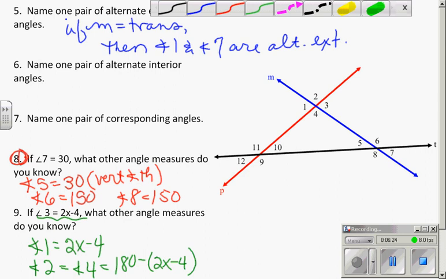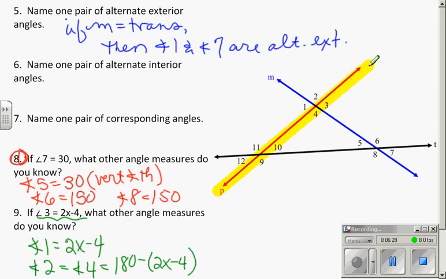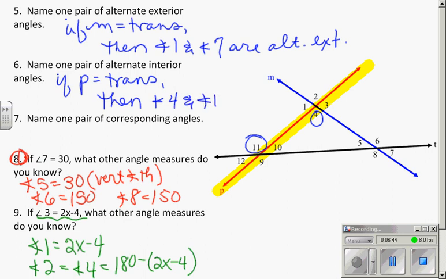If we let P be our transversal, alternate interior angles, one example would be 11 and 4. And again, there's other examples. These are just a few.